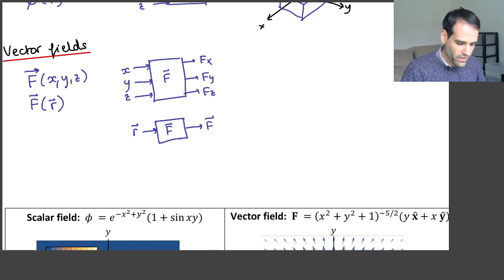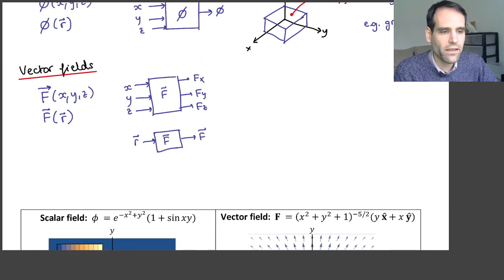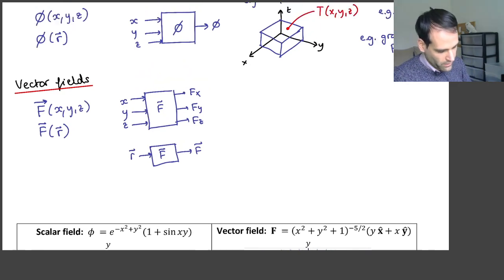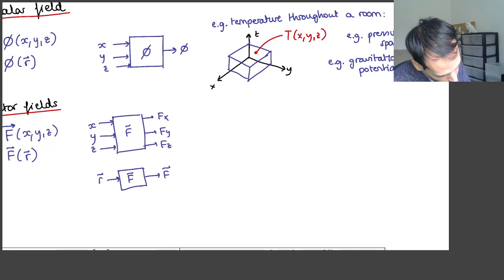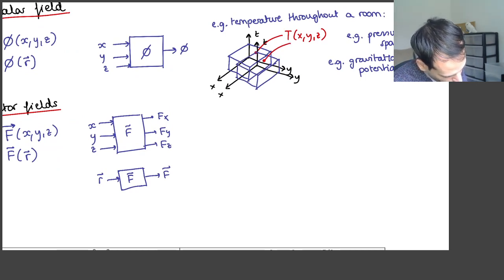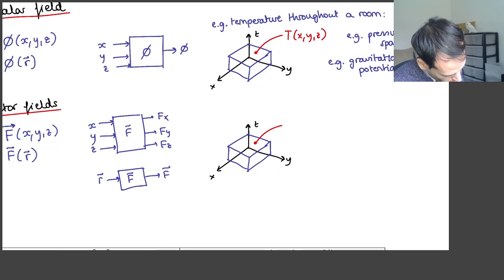Okay? In this chapter, I will always be using rectangular bases for the vectors. Let's see examples of this. So an example, let me copy the same graph as I had here. So an example of this could be the velocity of air in a room.